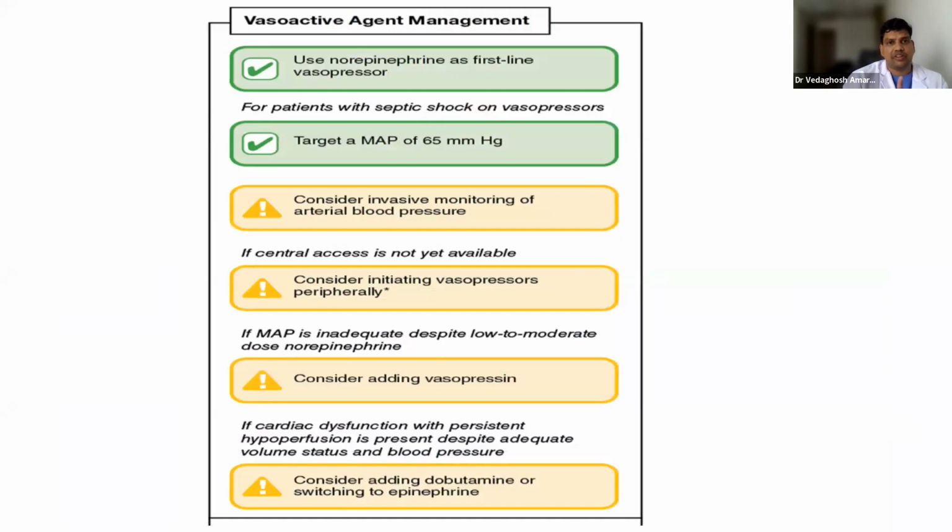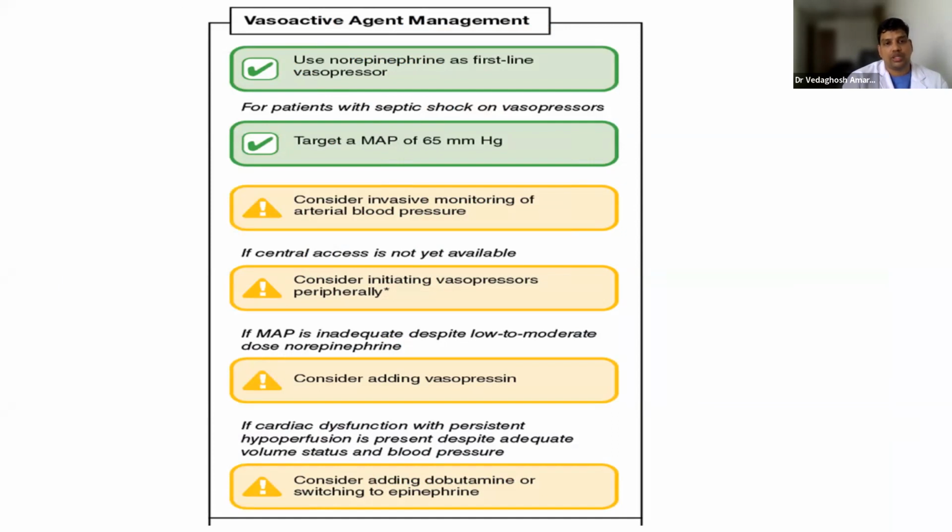They say norepinephrine as a first line vasopressor, target a mean arterial pressure of 65. Consider invasive arterial blood pressure monitoring as early as possible. Place an arterial line for monitoring and lactate level monitoring also. Consider initiating vasopressors peripherally until central access is available.